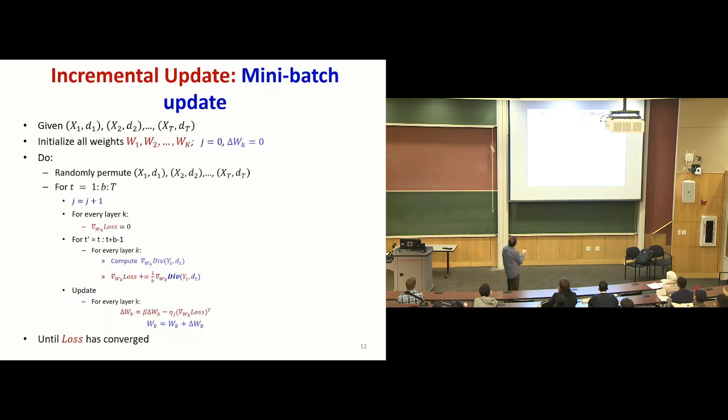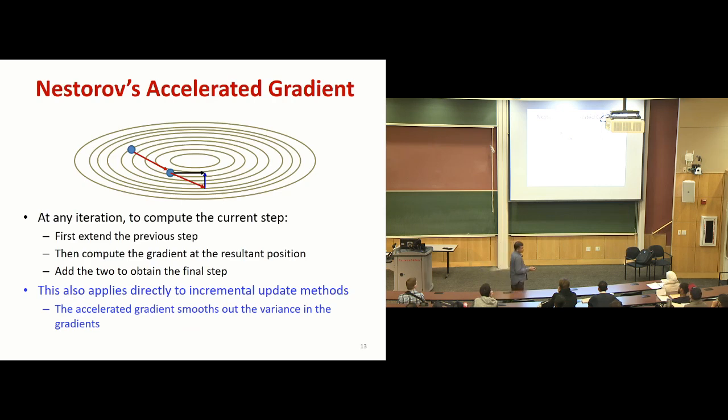Again, you'd be going over each batch, compute the average derivative, and then compute your new update and take a step. But the point here is that you're doing this after every batch, not after going over the entire training data. So you're going to be updating your step and computing your running average after every mini batch and taking a step. The same thing with Nesterov's method.